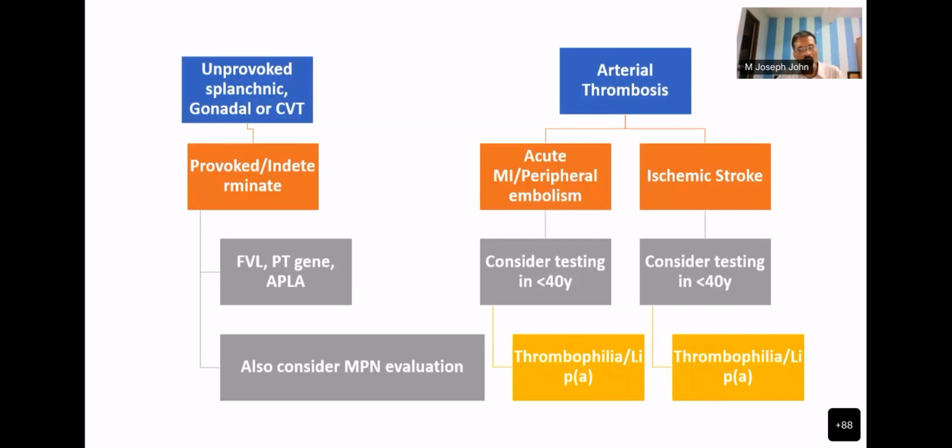I would add on to look for sickle cell disease as well. So essentially we are looking at three interventionable diseases and two long-term anticoagulation diseases of factor V Leiden and prothrombin gene. Arterial thrombus, if it is MI or peripheral, if it is ischemic stroke, it is considered for testing if it is less than 40 years only.